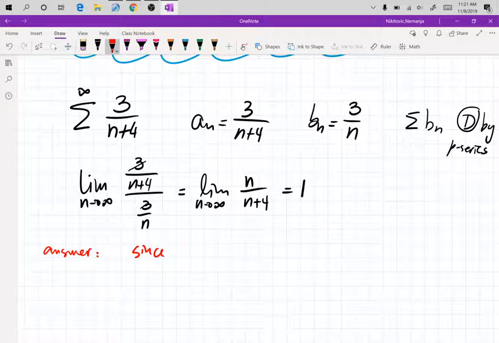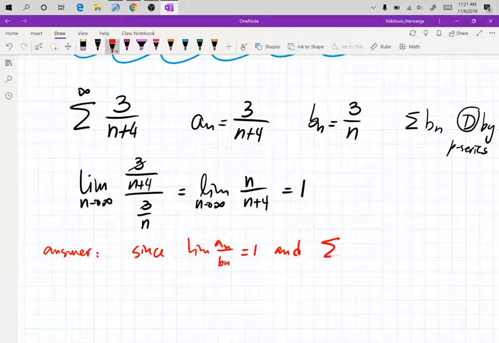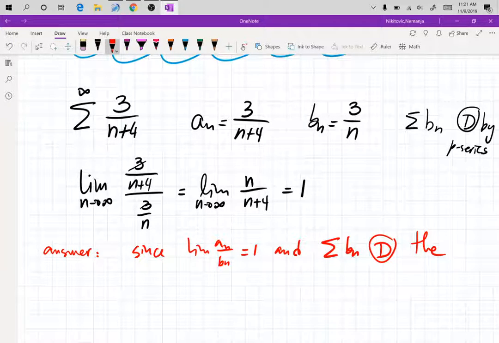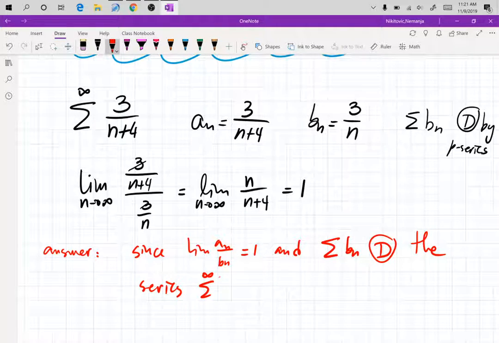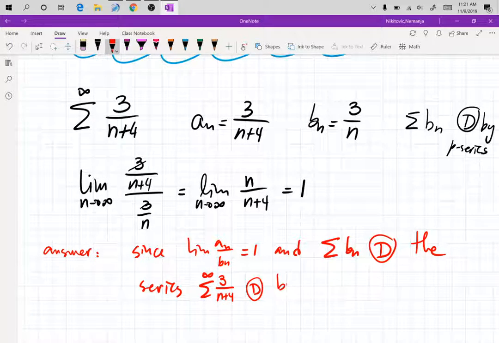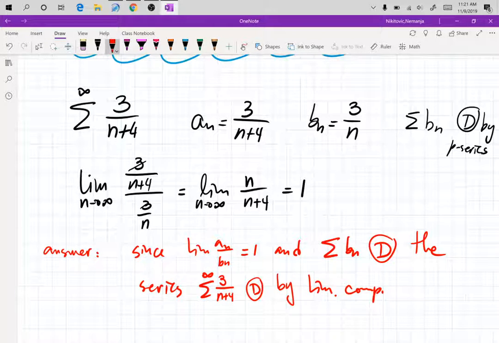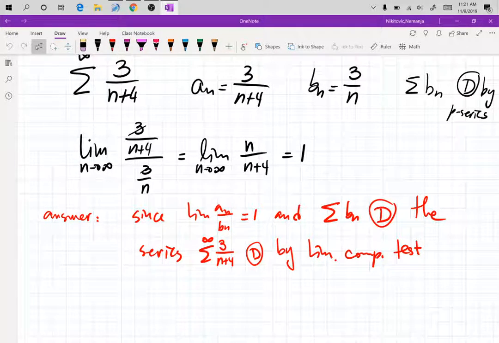Since the limit of an over bn equals 1 and summation bn diverges, the series summation of 3 over n plus 4 diverges by the limit comparison test. Ta-da!